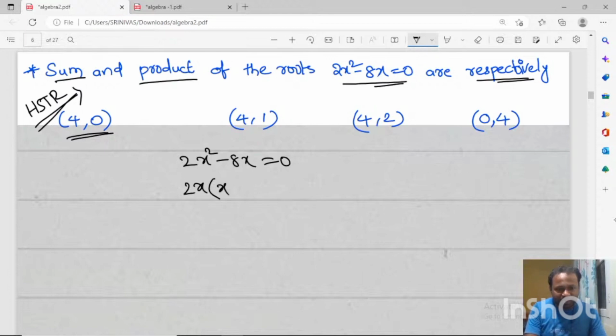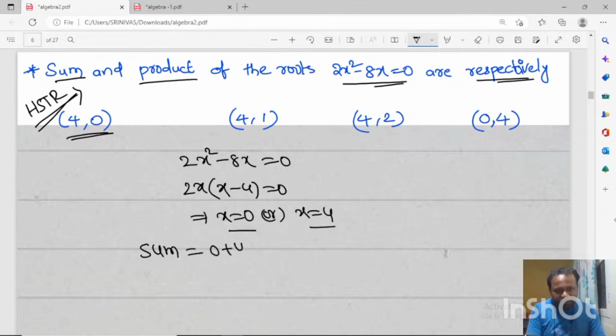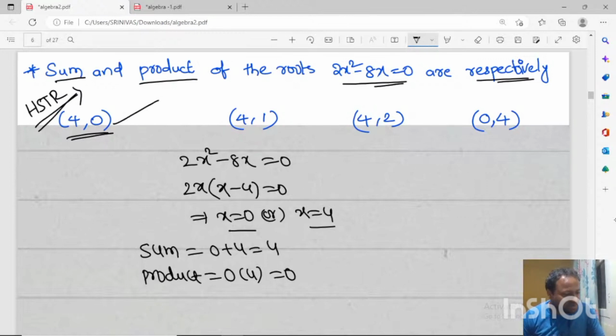What do we get? x minus 4 is equal to 0. That means x is equal to 0 or x is equal to 4. So I got two roots. Sum: 0 plus 4 is equal to 4, and product is equal to 0 into 4. Answer will be 0. So the answer is this one. No, not B. The answer is 4 comma 0.